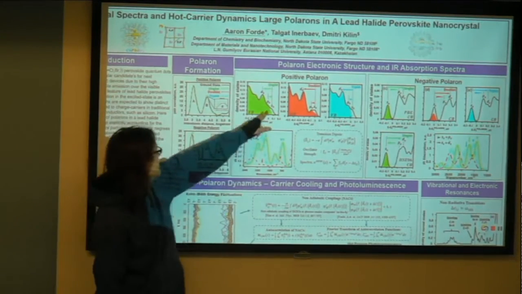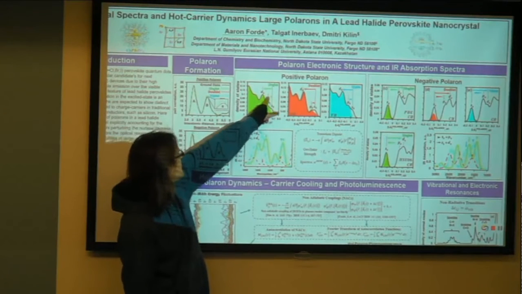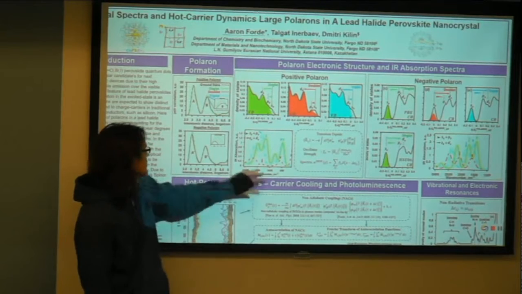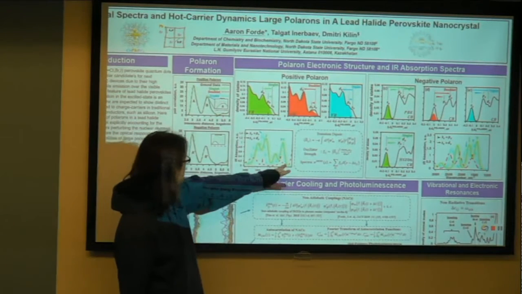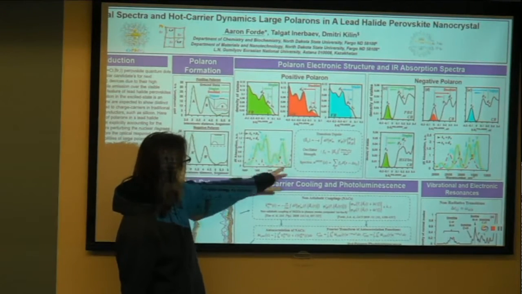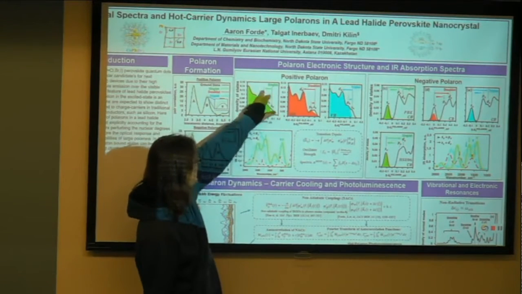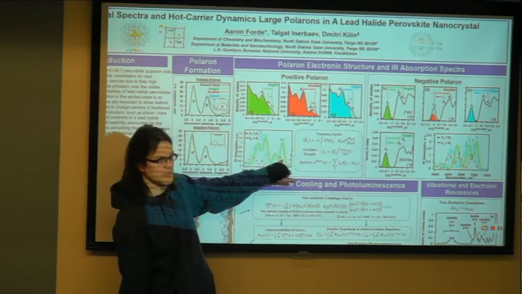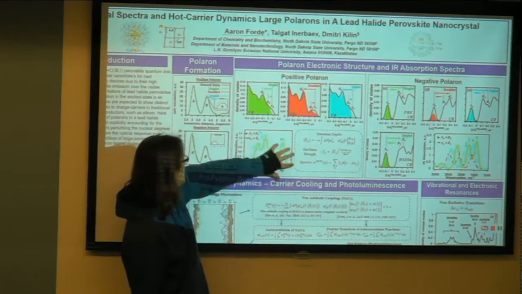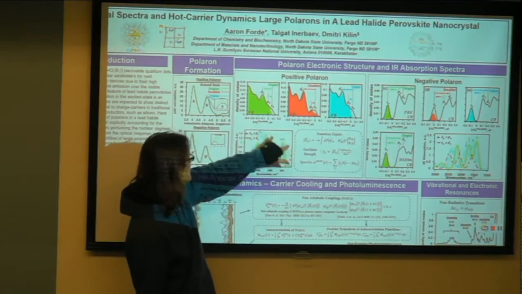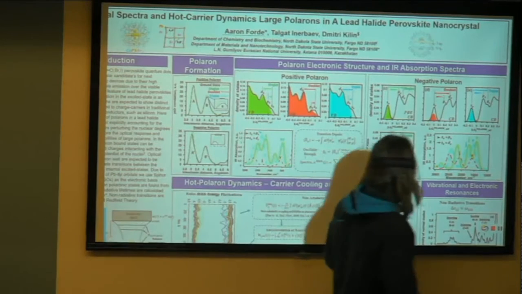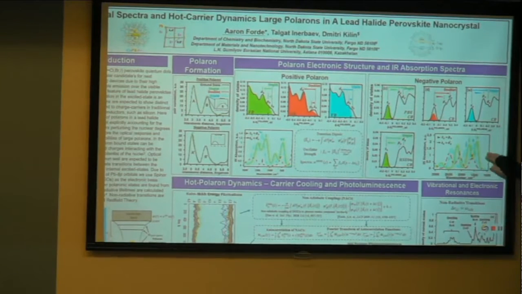And then these labels just help indicate the optical transitions that we see for IR spectra. What we notice is that these transitions are generally of the same energy, but we see changes in intensity based on the spin multiplicity. For the positive polaron, the singlet or triplet is generally brighter than the doublet. And we see that same trend with the negative polaron.